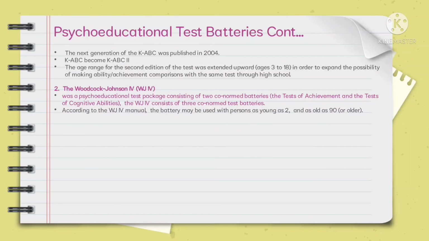There are changes in the age range covered, the structure of the test, and even the conceptual underpinnings of the test. The age range for the second edition of the test was extended upward, ages 3 to 18, in order to expand the possibility of making ability-achievement comparisons with the same test through high school.